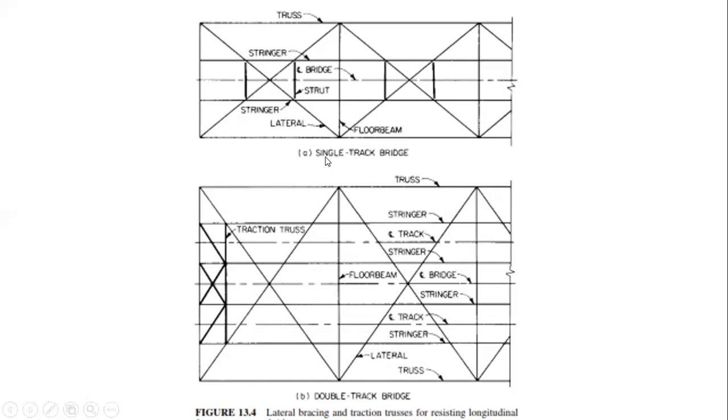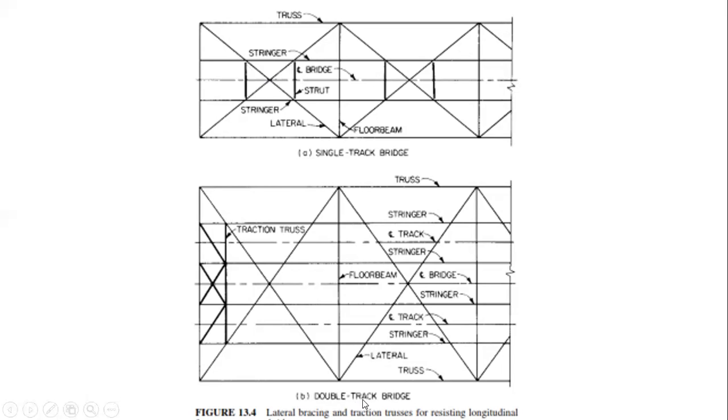If it is a single track bridge, we have to provide this strut here and strut here, between stringer to stringer. This strut accounts for the longitudinal force. So we have to provide this strut here, strut here, strut here, for a single track bridge.